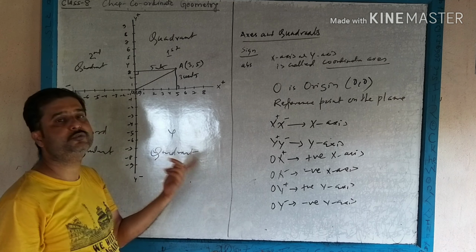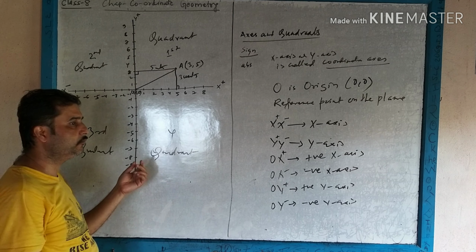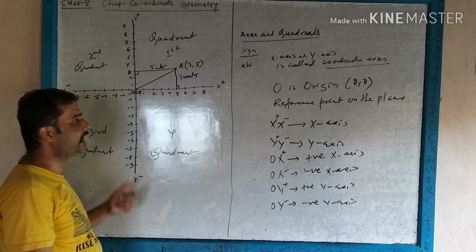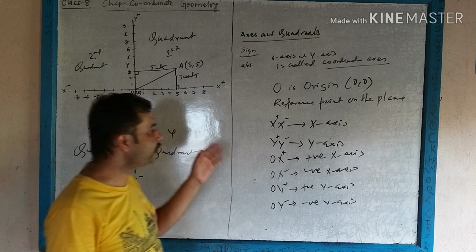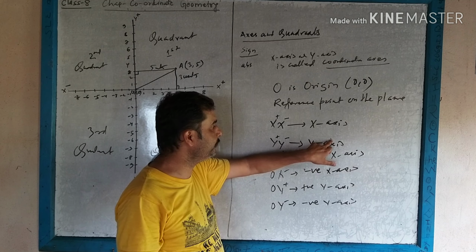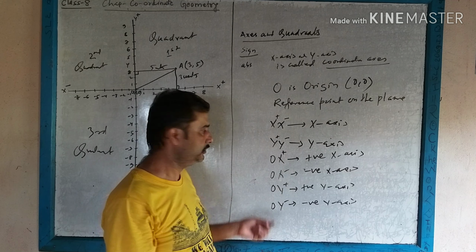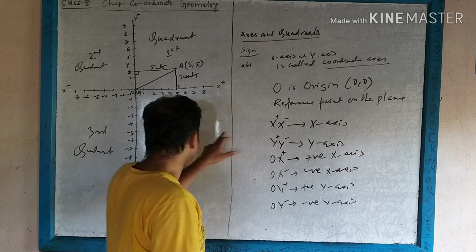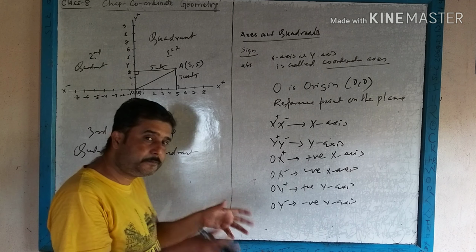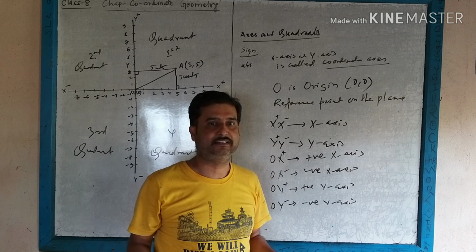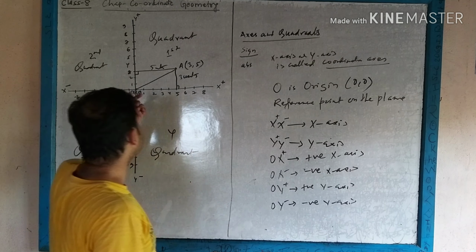There must be a place from where we start counting. Suppose I want to measure this dot, then from where should I measure? I should measure from here. There must be a reference point from where I start measuring. So that's why it's called a reference point.